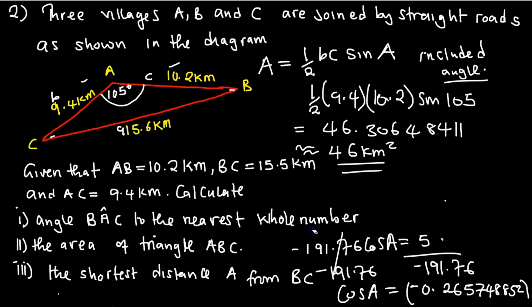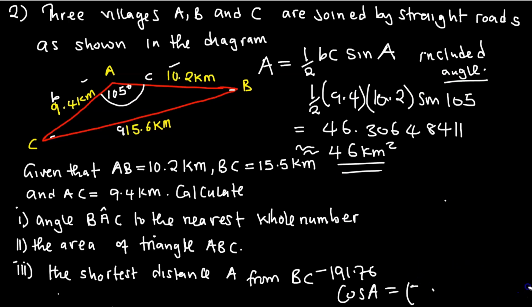And of course, like always, the third part of the question is to calculate the shortest distance. Now, calculate the shortest distance from where? The question is the shortest distance from A to BC. So this is A, and now it is coming to BC.